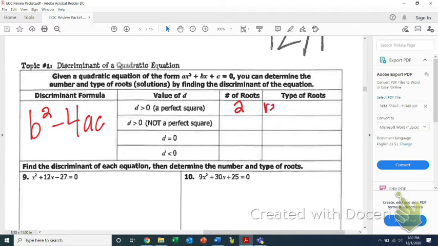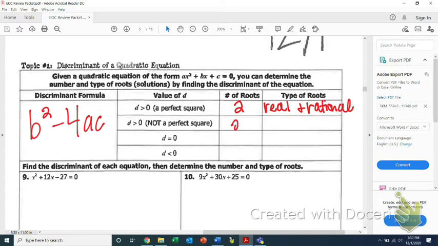They will be real numbers and they will be rational, meaning they stop. They do not repeat. They are not a crazy decimal. They stop or they just keep repeating like 0.33333.